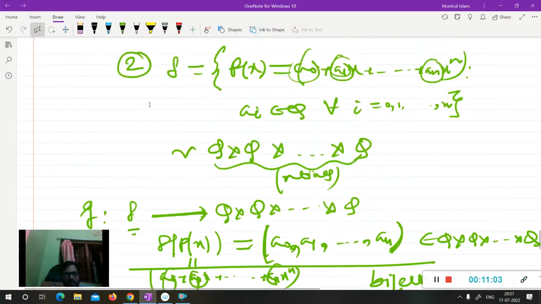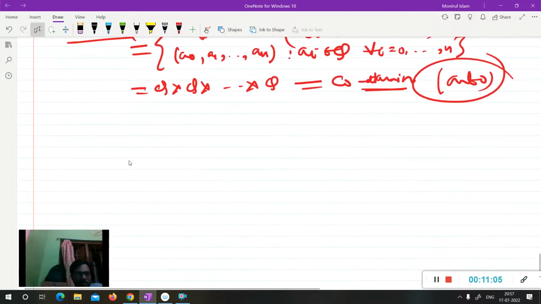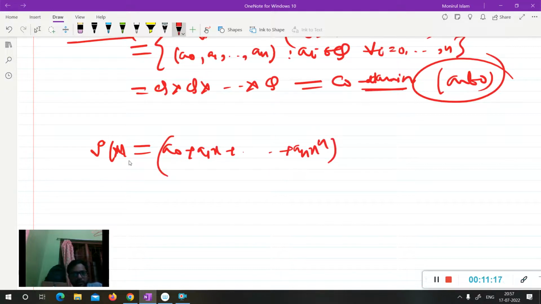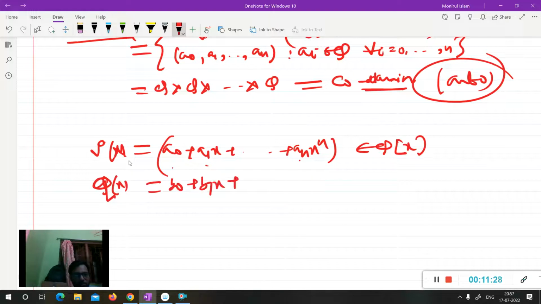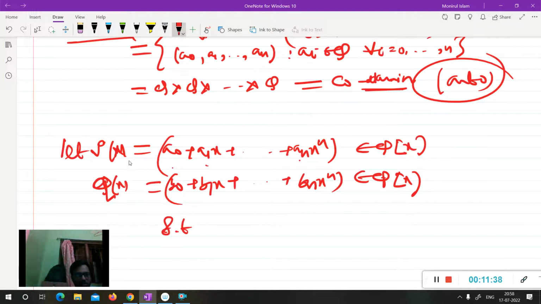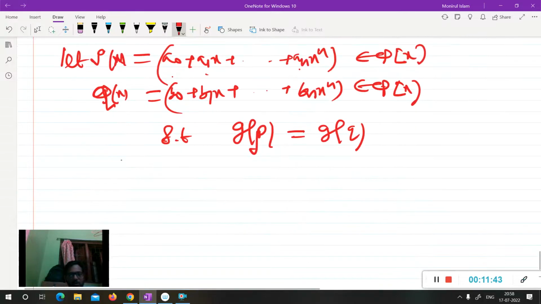No doubt this map is clearly one-one, because if you take two polynomials p(x) = a0 + a1x + ... + an x to the n, which belongs to Q[x], meaning each coefficient is rational, and if you take another polynomial q(x) = b0 + b1x + ... + bn x to the n, which belongs to Q[x], such that g(p) equals g(q), then what will be equal?